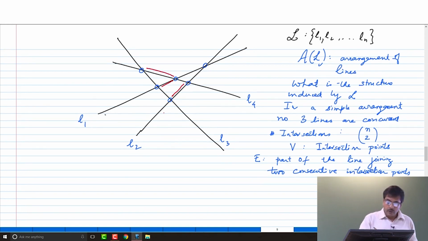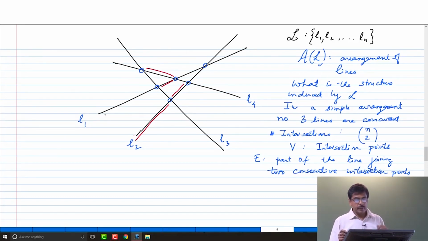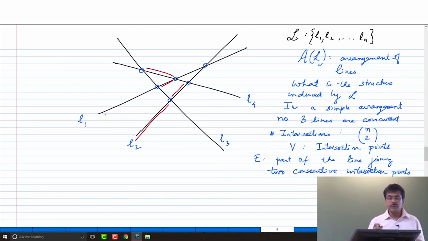Unfortunately, how about this? Because there are no more intersection points, it does not quite fit into this definition. So what we will do is we can make some assumption, a kind of a convention, about these infinite rays. It is not an edge in the sense that it is not bounded by vertices on both sides. We can imagine that there is a vertex.